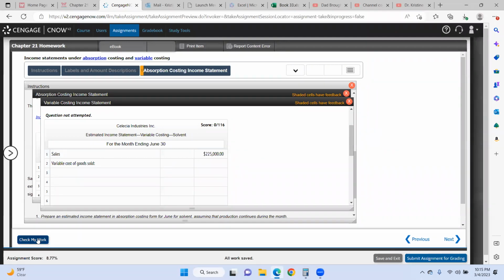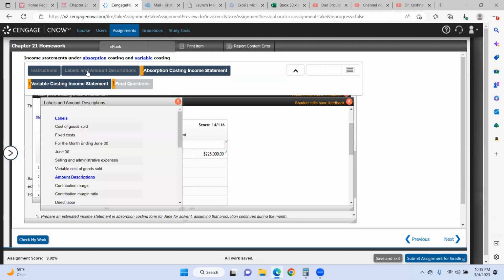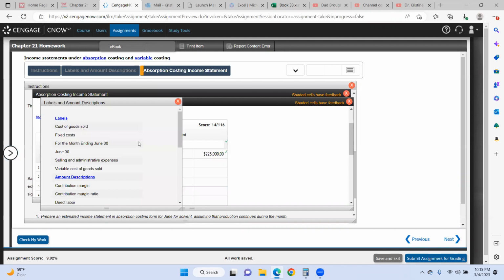So, excellent. Okay. So the first thing we're going to do is our direct materials. I'm going to have fun with this, direct labor. And this is going to be our variable factory overhead.